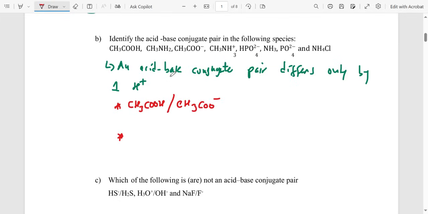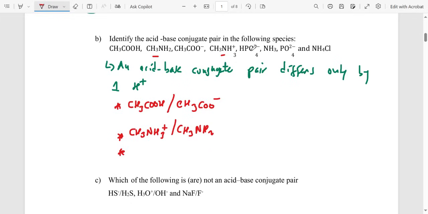The next one that we can pick is CH3NH3. It has got three hydrogens at the end, but this one only has got two hydrogens. So this one is the base, CH3NH2. The base always has got fewer hydrogens.